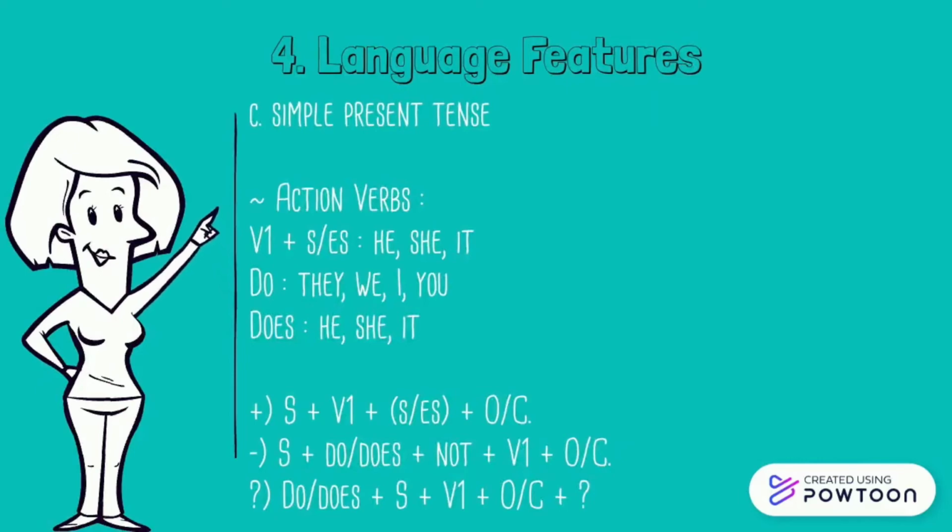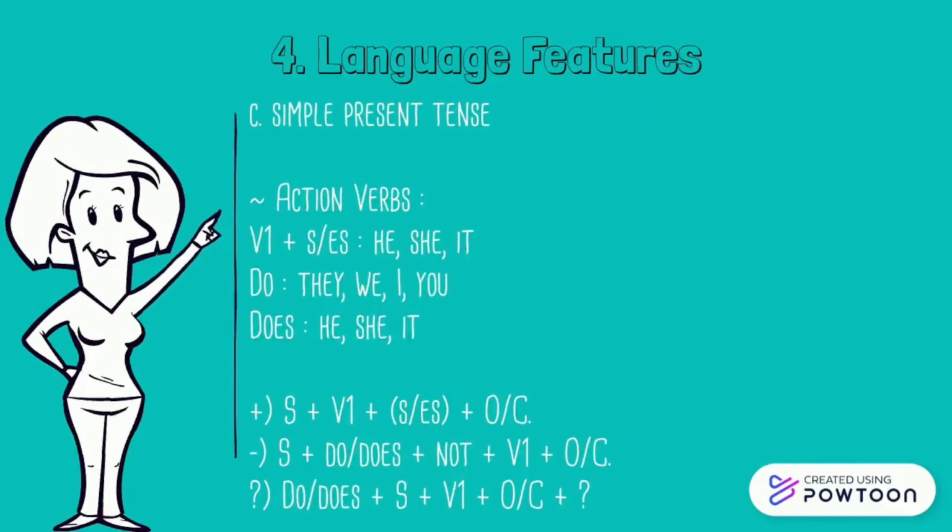Berikut adalah positive, negative, and interrogative patterns versi action verbs. So, by using this pattern, it will help you to make a sentence, especially action verbs by using simple present tense.